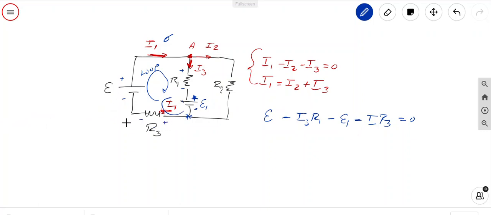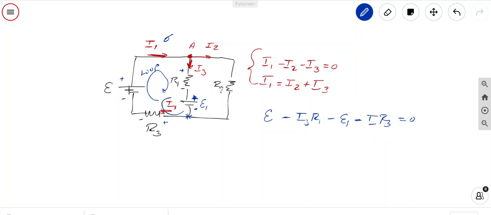Again negative, because when you pass through a resistor and you go in the direction of the current, you go from positive to negative. So I have minus I1 times R3 over here. That would be zero because I don't have any other component in this loop.